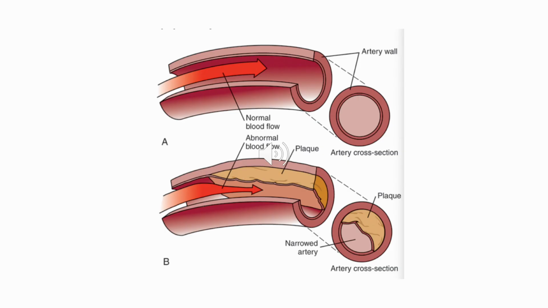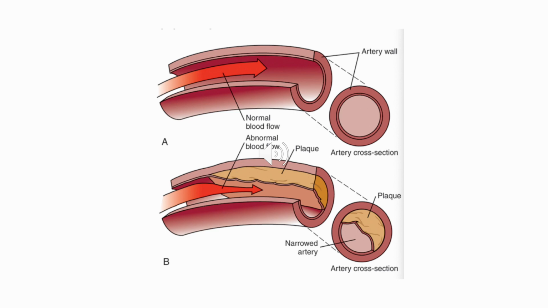Two major risk factors for cardiovascular disease are high levels of blood lipids, also known as hyperlipidemia, and high blood pressure, hypertension. Effective drug therapy can modify both of these risk factors. High levels of blood lipids, including cholesterol, can lead to thickening of the lining of the arteries with fatty plaque, a condition called arteriosclerosis.